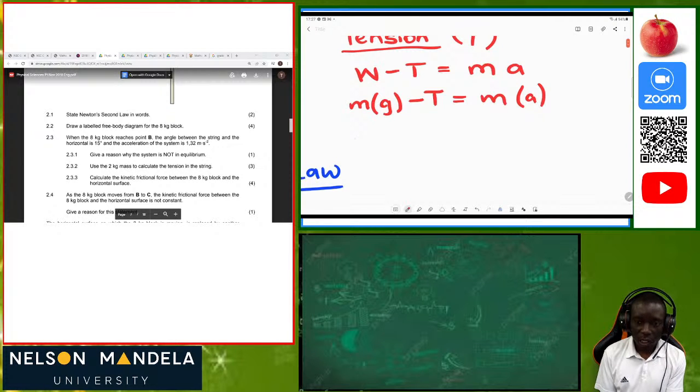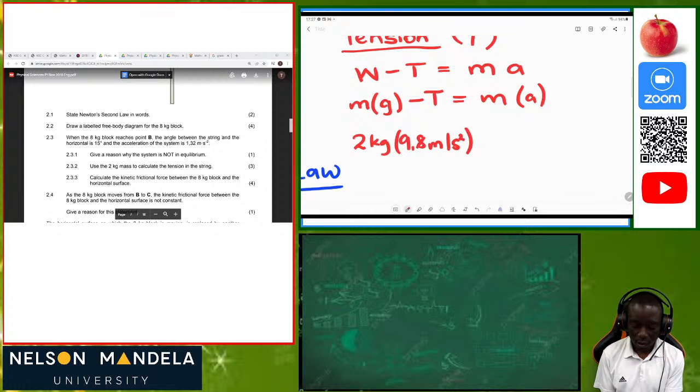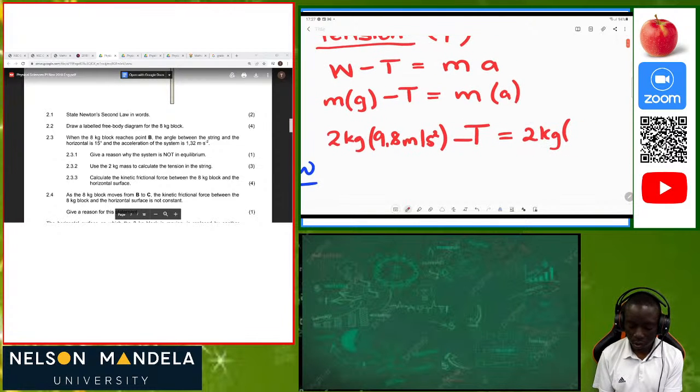The mass is 2 kg, g is 9.8 meters per second squared, minus T, which is what we need to find, equals 2 kg times 1.32 meters per second squared.